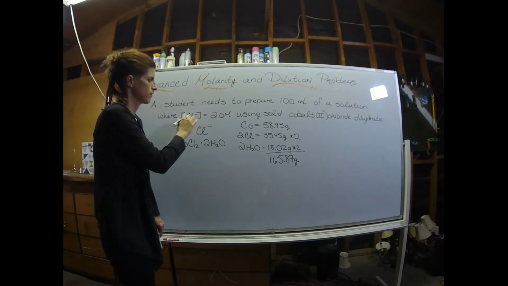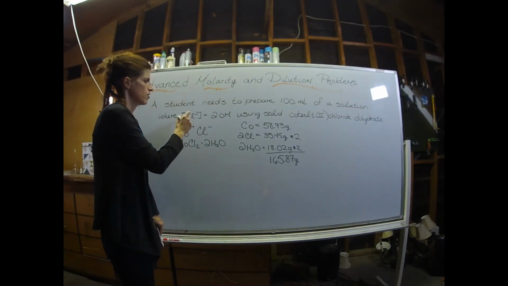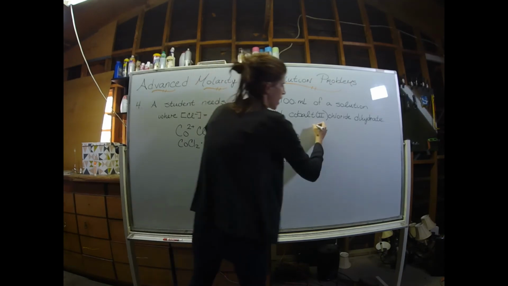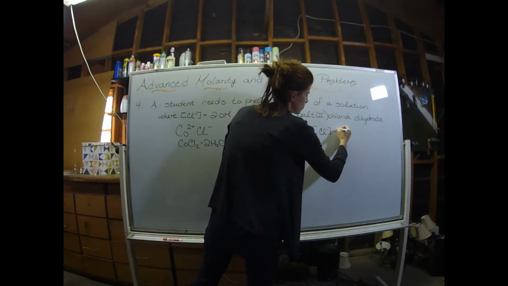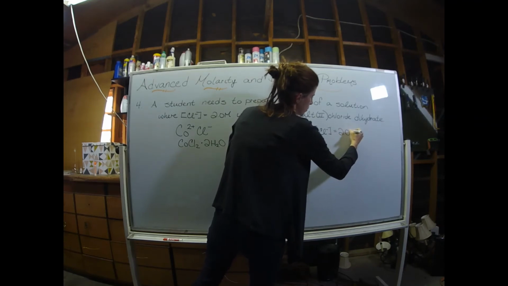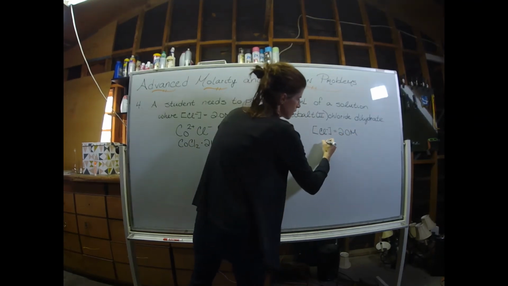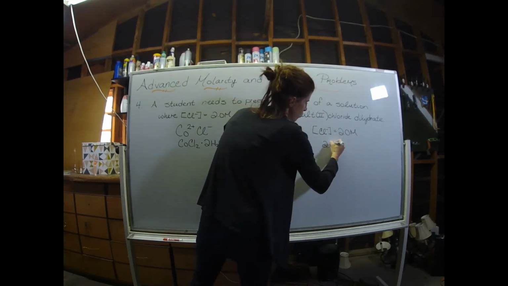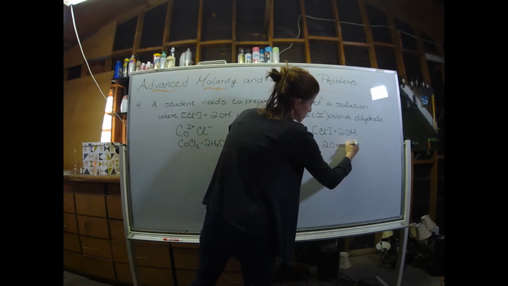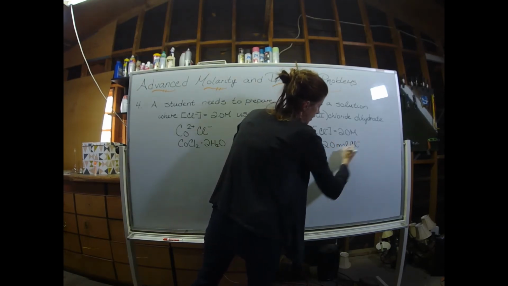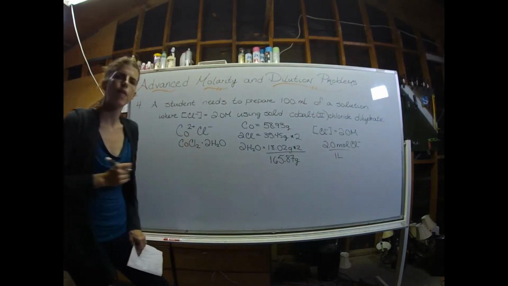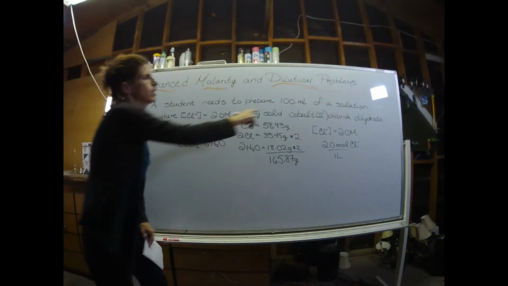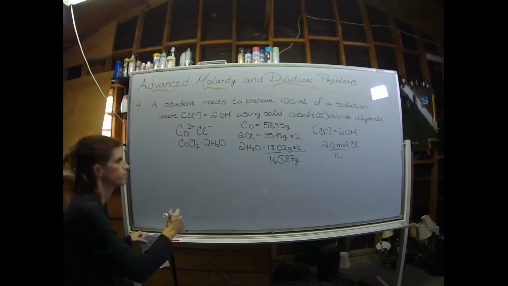So this piece of information right here, the fact that the chloride ion concentration is 2.0 molar, well, I can say there should be 2.0 moles of chloride per every 1 liter of solution. So I'm thinking about that conversion factor. Let me start with the volume then.